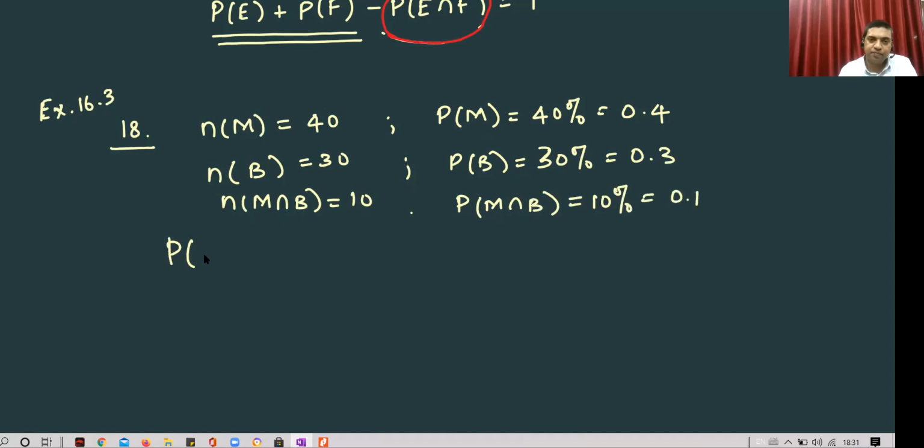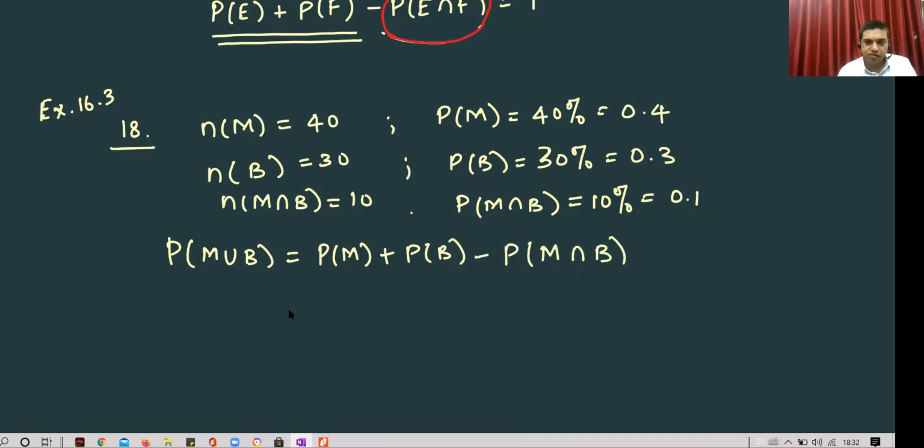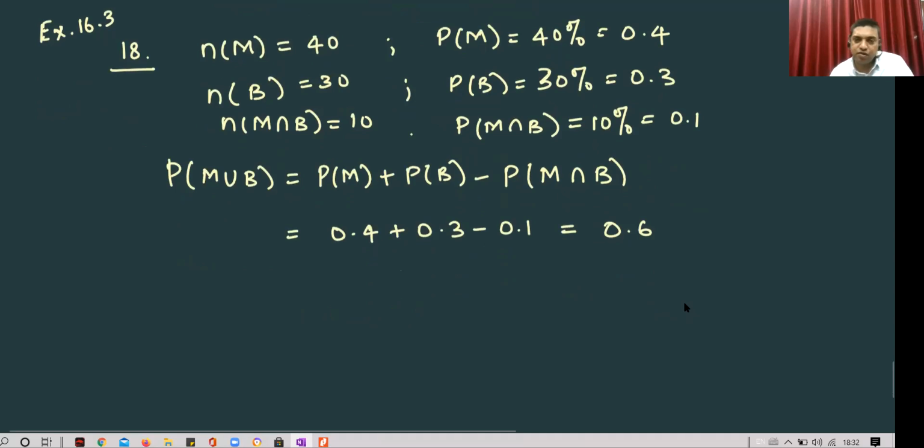Intersection is 0.1. So probability of M union B is probability of M plus probability of B minus probability of M intersection B. So it is 0.4 plus 0.3 minus 0.1, which is 0.6. So 60% of the students study either maths or biology.